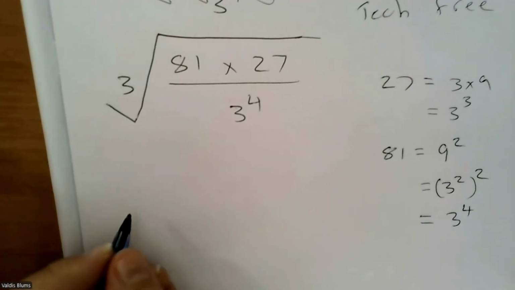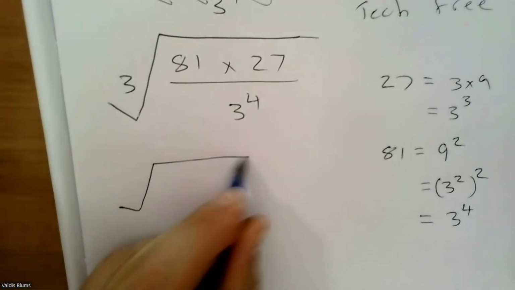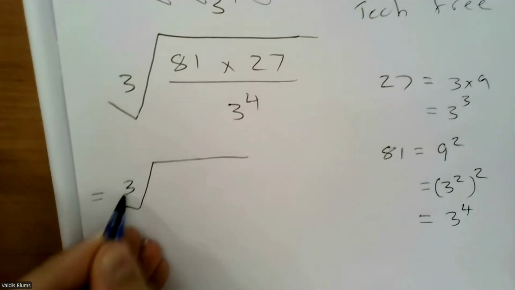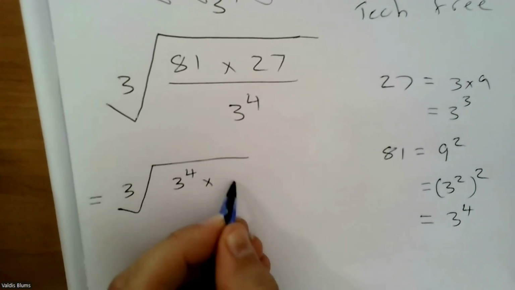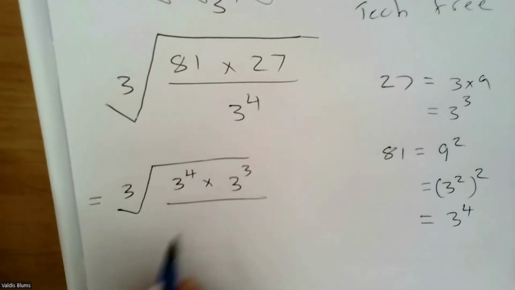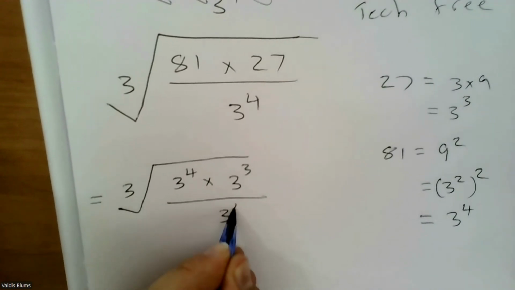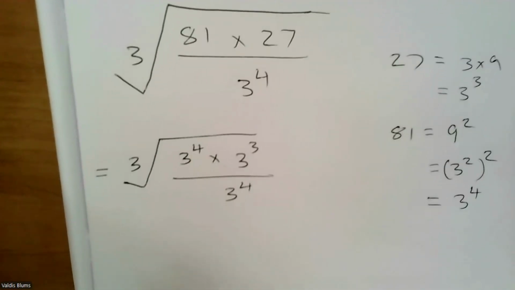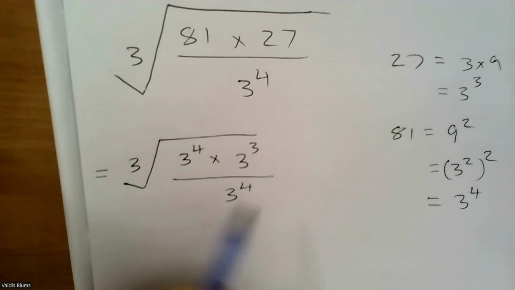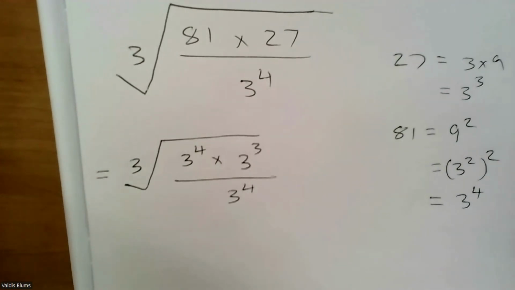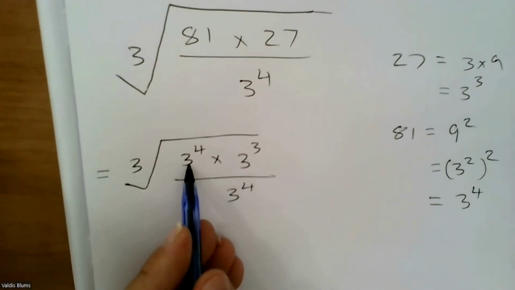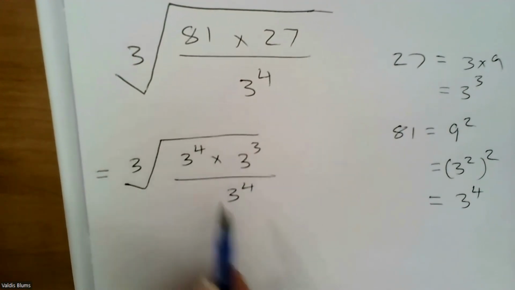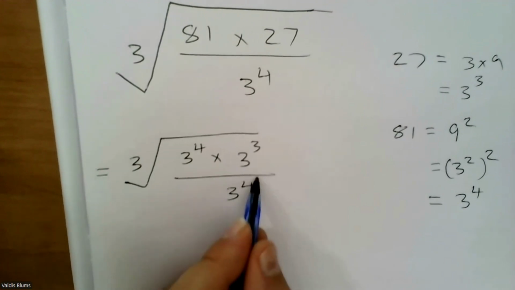So we could actually put this in here. So we have this is equal to the cubed root of 3 to the power of 4 times by 3 to the power of 3 all over 3 to the power of 4. So even before getting to the index laws and adding and subtracting, because we have times and divide, we see that on the numerator here, we have a 3 to the 4, and on the denominator, we have a 3 to the 4, so we just simplify that.